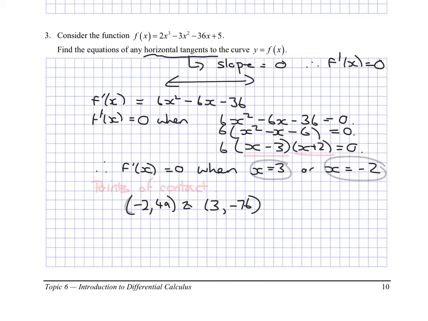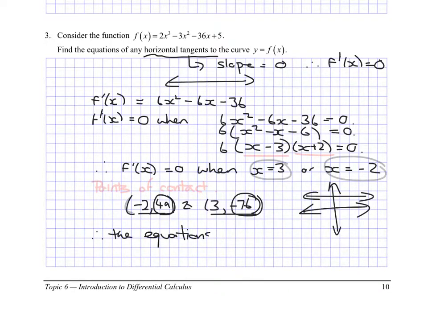Well, if the point of contact of that tangent is right there, a horizontal tangent, if you think about a Cartesian plane, is only going to have a y value. So the y value of the point of contact is actually going to be the equation of the tangent. So therefore, the equations are y equals 49 and y equals -76.